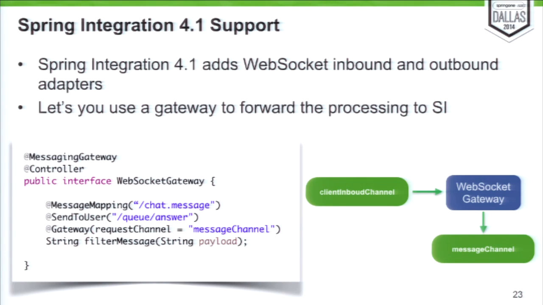In that case, the response of all the Spring Integration processing will be sent to the queue.answer destination. So that's a really initial support, I guess it's not final yet. But we're going to have support for WebSockets in Spring Integration, so we can have more complex processing of the STOMP messages, relying on a Spring Integration flow.